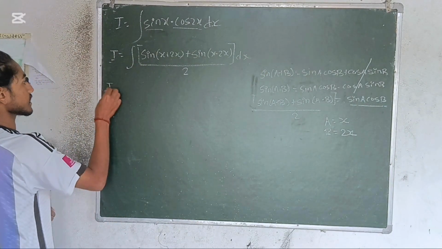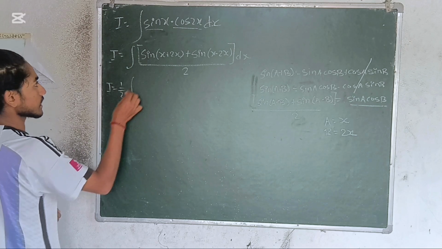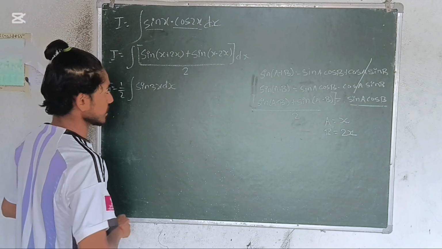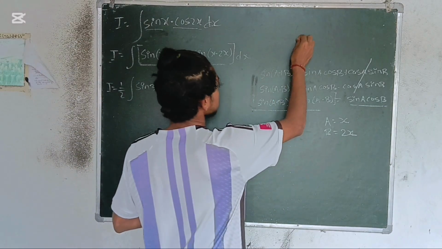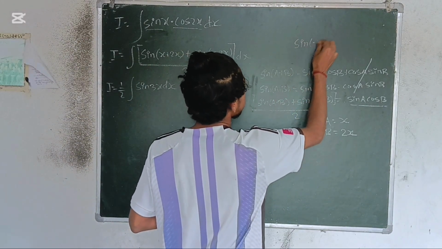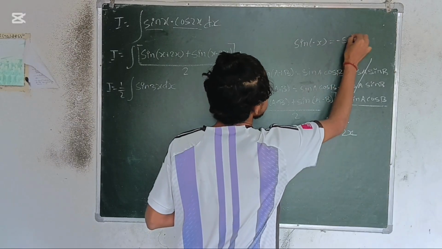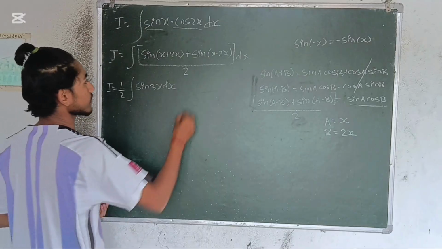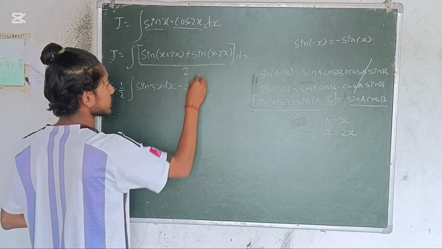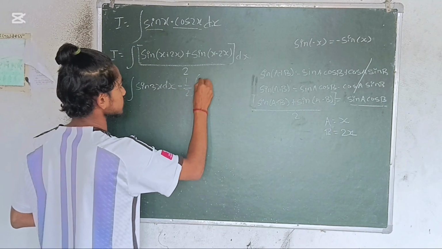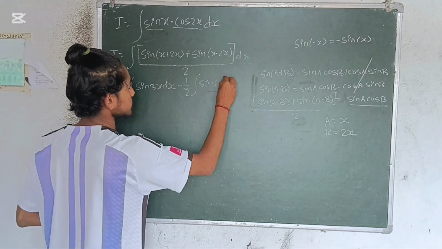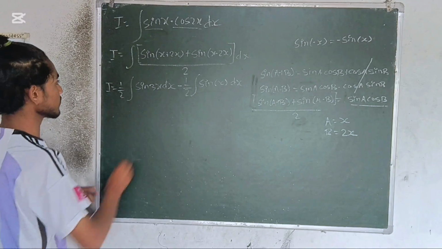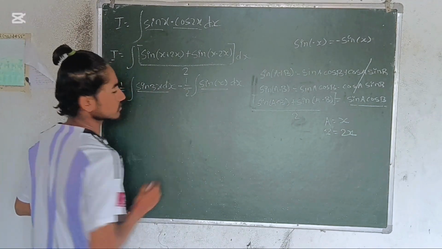Now we separate our integral: 1 over 2 integral of sine 3x dx, and notice there is a term that came out as sine of negative x, which can be written as negative sine of x. So I can write it as minus 1 over 2 integral of sine of x dx. Now it came out with the basic formula.